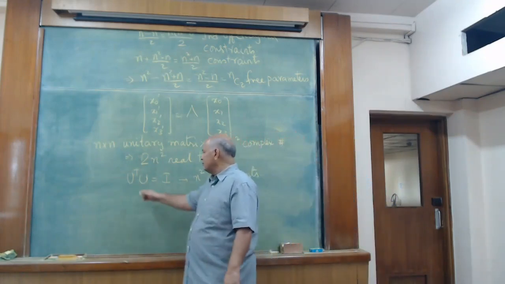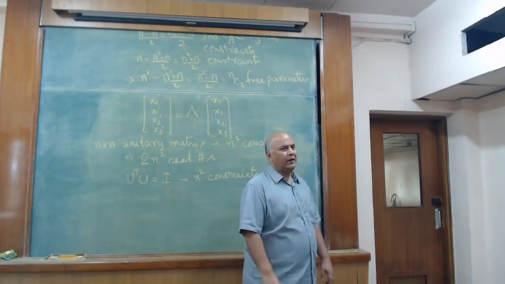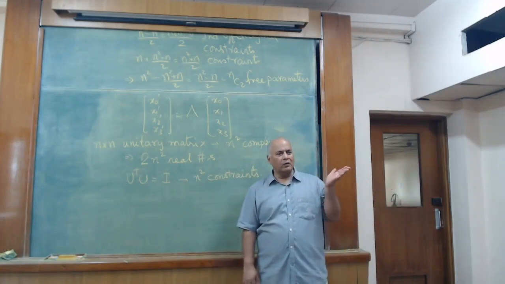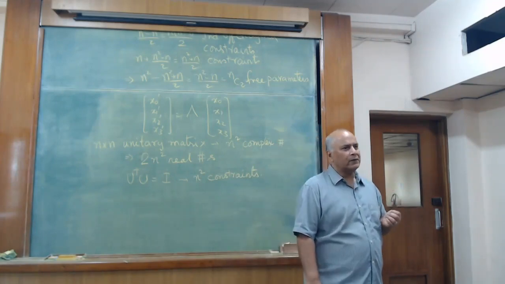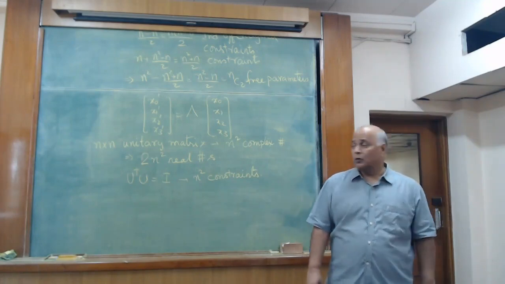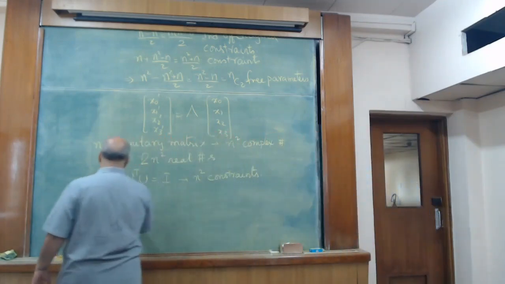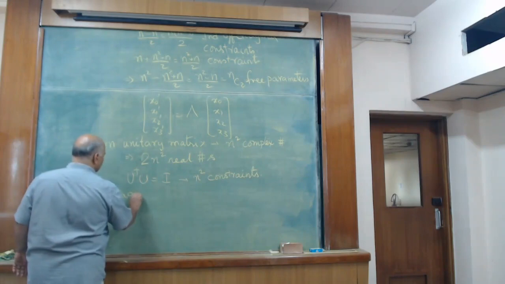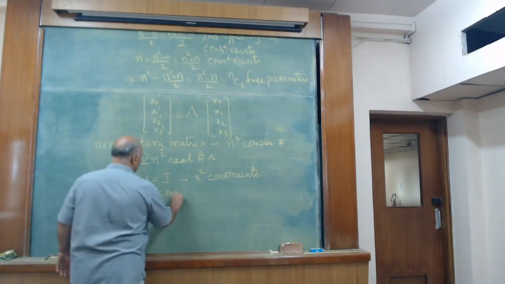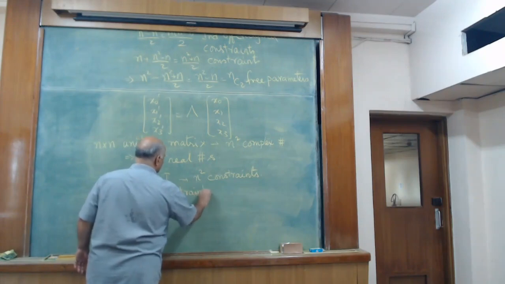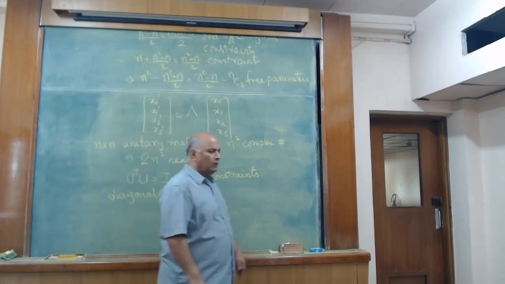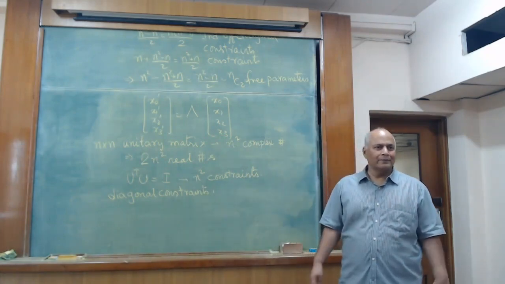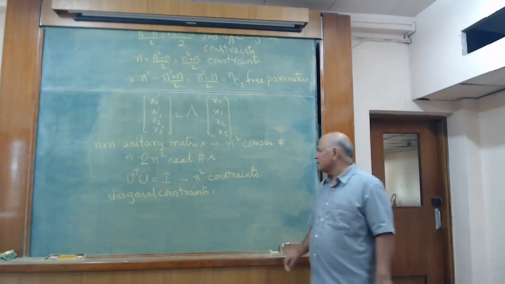Similarly, you can prove that U dagger U is a Hermitian matrix. So, what can you say about the diagonal elements of a Hermitian matrix? They are real. So, the diagonal constraints, how many do I have, and are they real or complex? I have n real constraints.